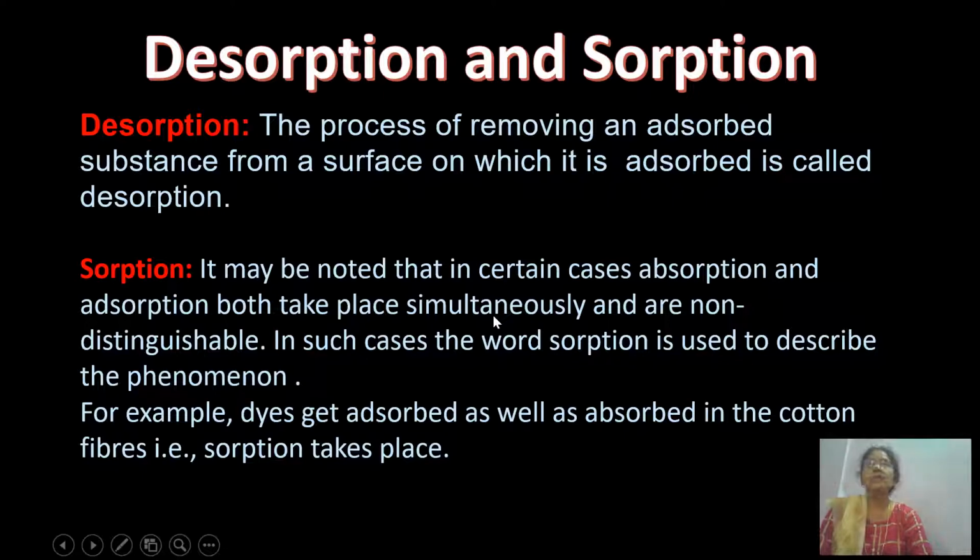For example, dyes get adsorbed as well as absorbed in cotton fiber. It means sorption takes place. This is sorption and this is desorption. Desorption means removal of the adsorbed substance.